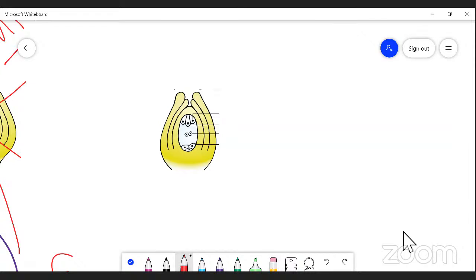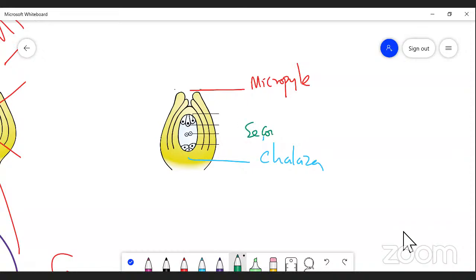So this, as I said at the very beginning, is the micropylar region. And the lower part is the chalazal region. At the center, you can see the central nucleus or secondary nucleus.